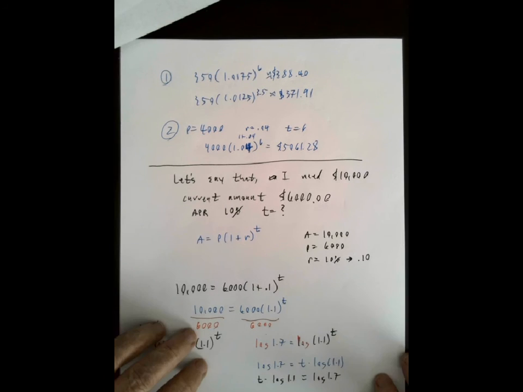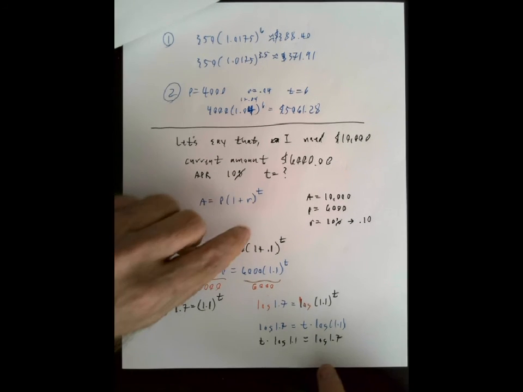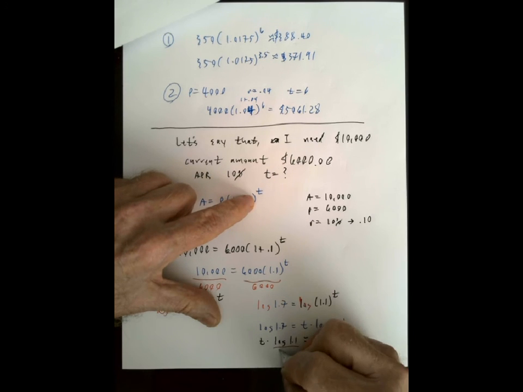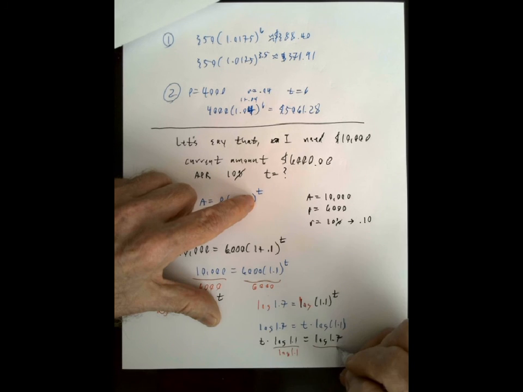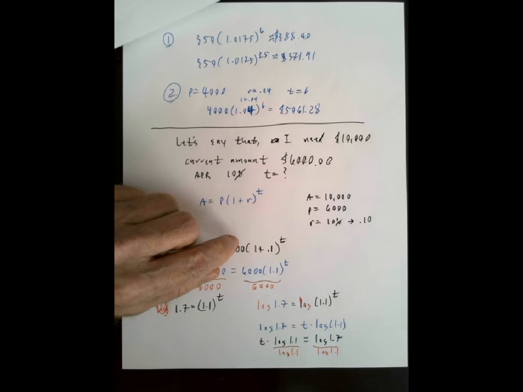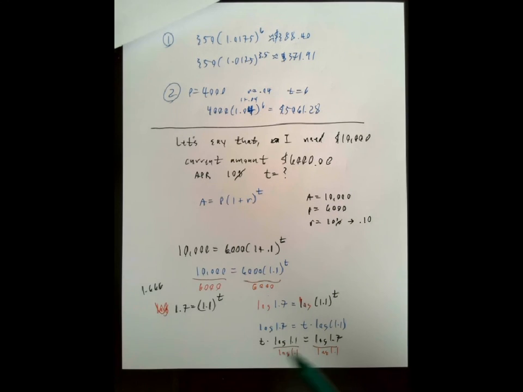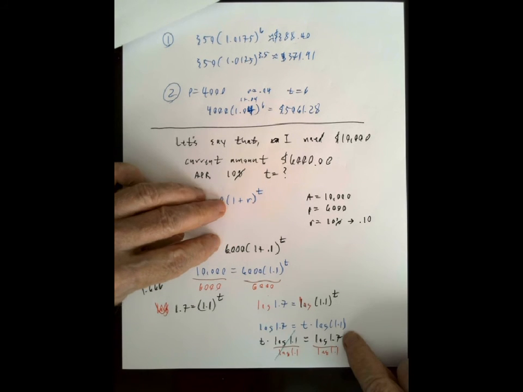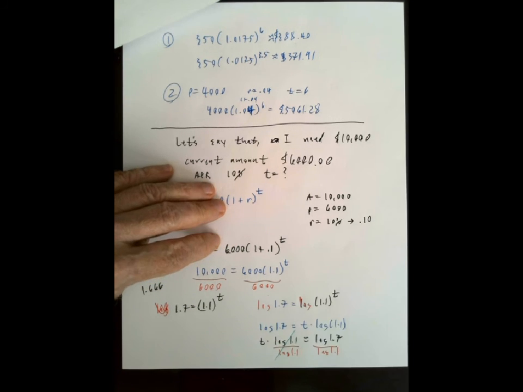Now to get t by itself, we're going to divide both sides by whatever log 1.1 is. Now that last little bit: t, the number of years, is log 1.7 divided by log 1.1.